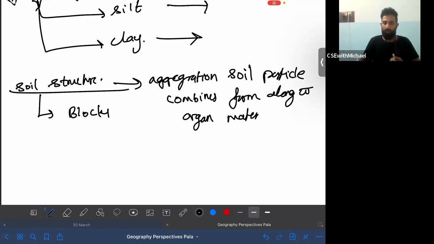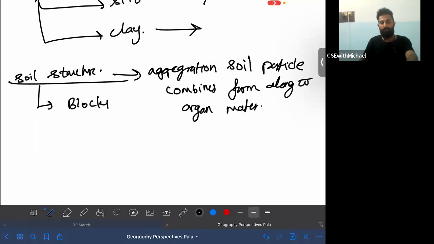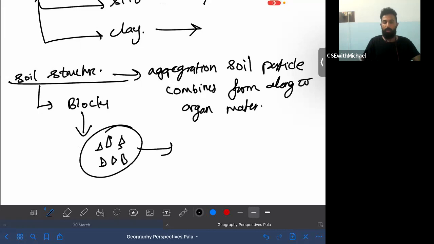So how the soil looks when we see it, what its shape is, what its size is, that is what is called soil structure. We don't need to go much into the details of structure. Basically there are different ways in which soil is found. If you look at blocky soil, there would be different blocks. Soil would be found as blocks. On the other hand, crumbly soil would be more like this. I think it is enough to study what soil structure is, no need to go deeper into it.